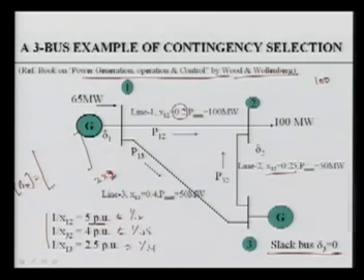Now these are the diagonal elements, and as I said, the diagonal elements are calculated as a summation. Let's suppose I am talking about bus 1 here.